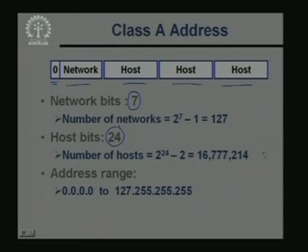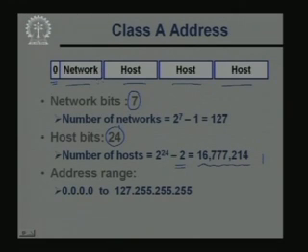Out of them we will see again that the all 0 and the all 1 combinations are used for some other purpose. So, actually you have 2 addresses less, it comes to a figure like this, about 16 million. So, the number of hosts in a class A network can be as large as 16 million.